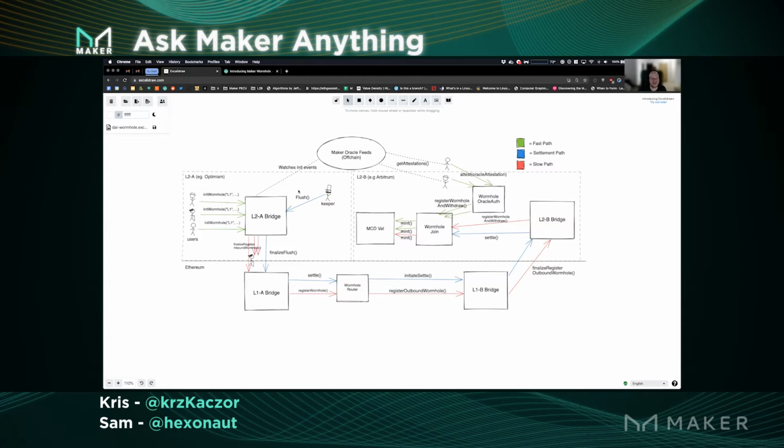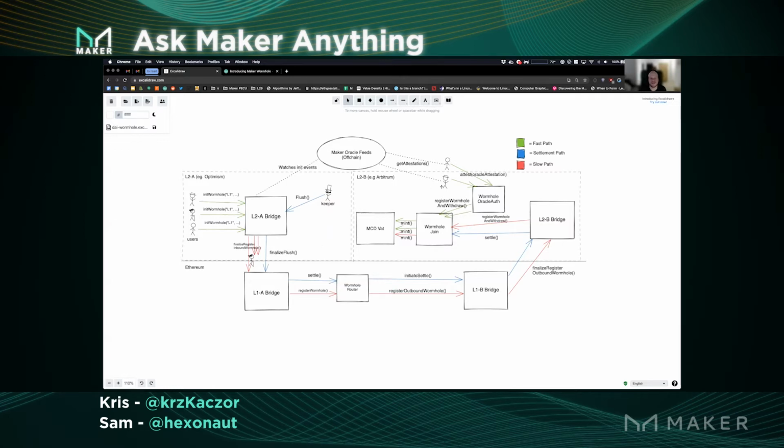And this event is being watched by Maker oracles. These are totally different oracle software, run by the same team as the oracle for prices that we have used for many years in Maker. This oracle provides attestations, which are just signatures that are exposed by a regular REST API. And anyone can get these attestations that someone burned some DAI on this Optimism chain.